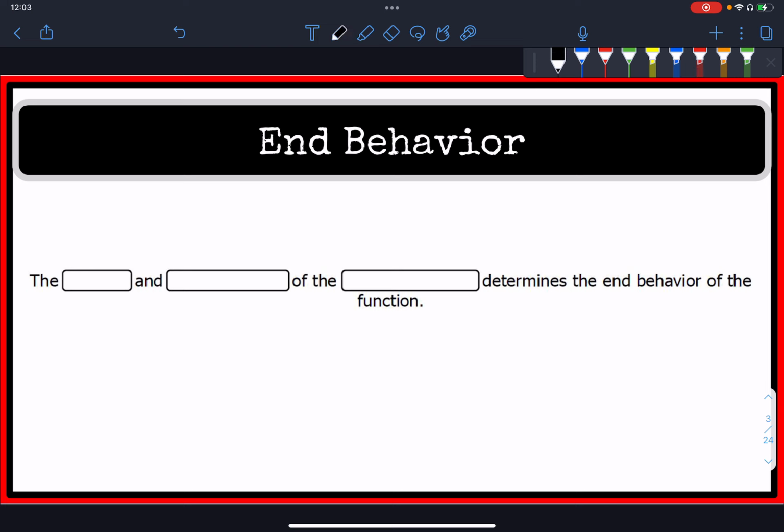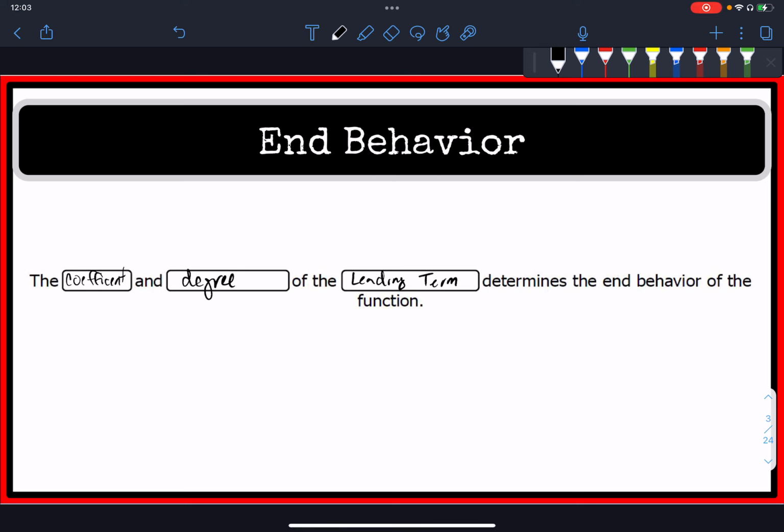Now, we can determine the end behavior of our functions by using the coefficient and degree of the leading term.